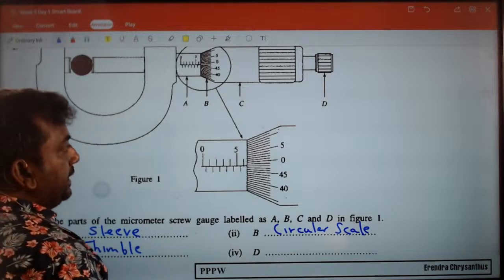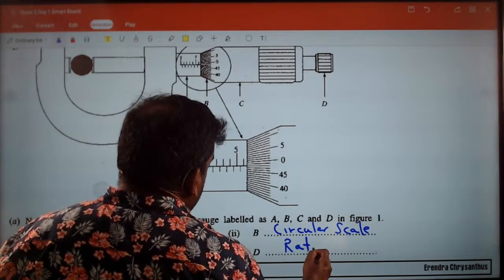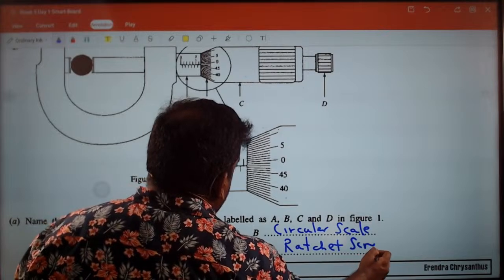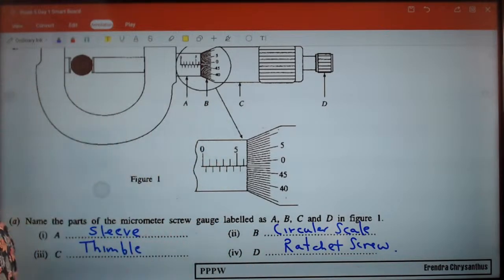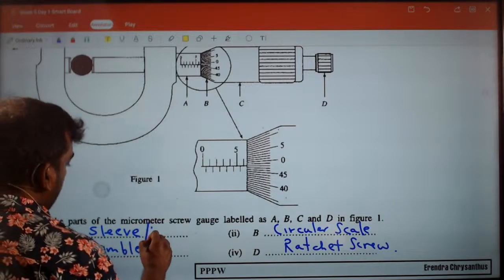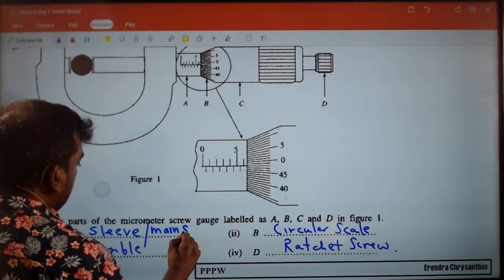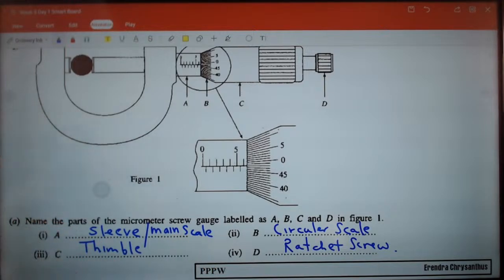D is going to be a ratchet screw, or we can say ratchet knob. Now remember, this year they also gave this for main scale also. But in reality the arrow indicates sleeve.